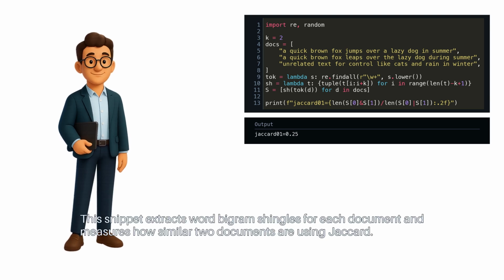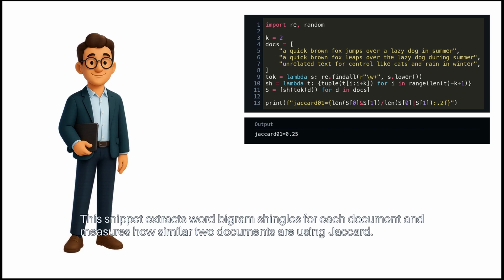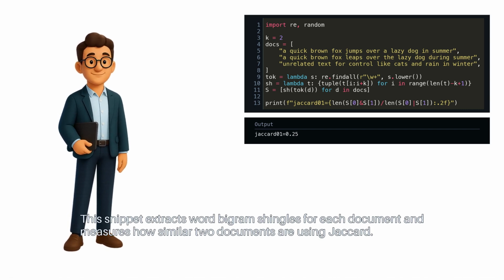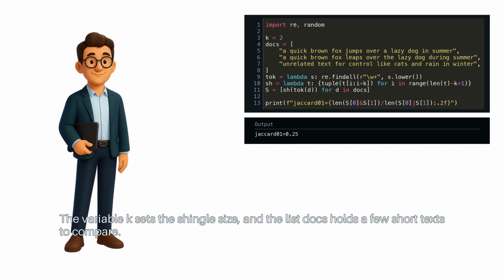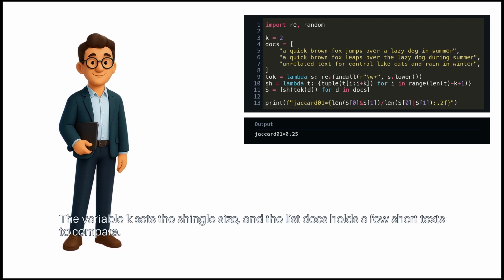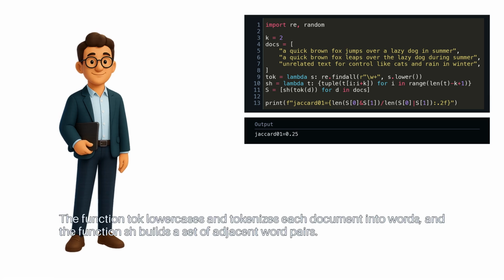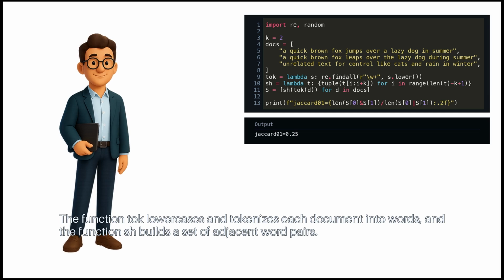This snippet extracts word bigram shingles for each document and measures how similar two documents are using Jaccard. The variable k sets the shingle size, and the list docs holds a few short texts to compare. The function toke lowercases and tokenizes each document into words, and the function sh builds a set of adjacent word pairs.